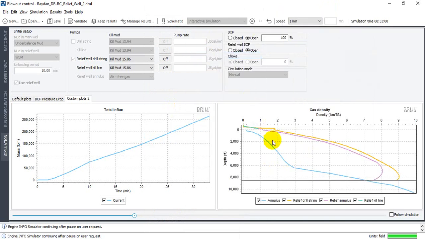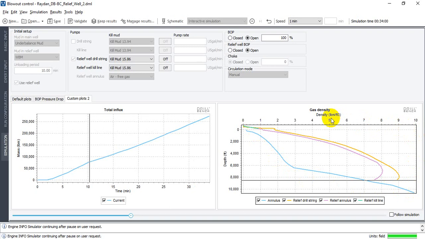The gas density, look here, the gas density at the annulus for the main well is less than 10 or 9.9 pounds per cubic feet.